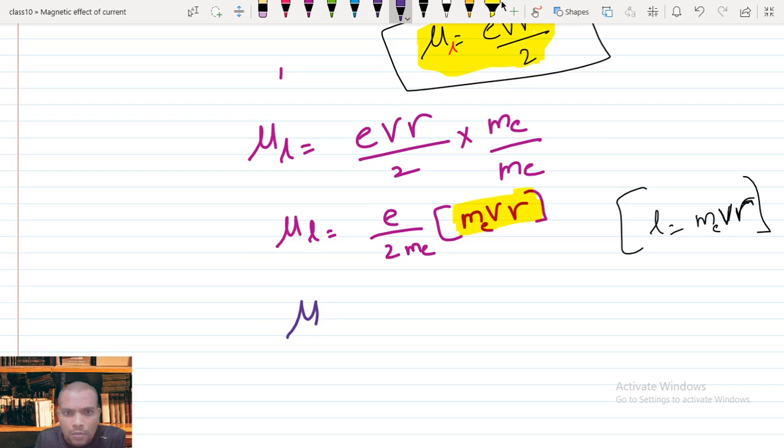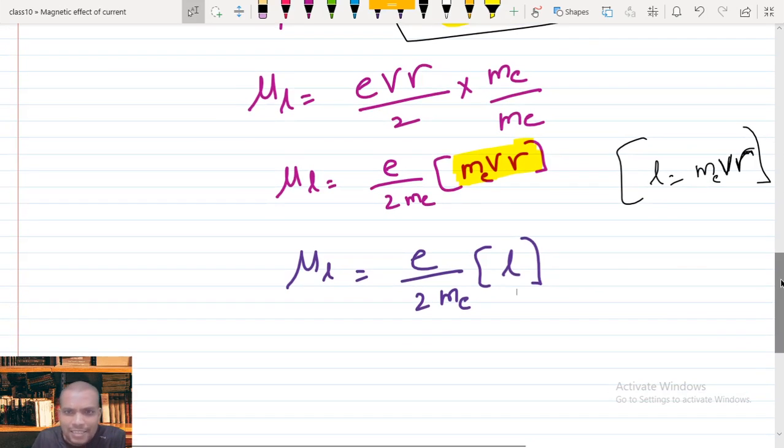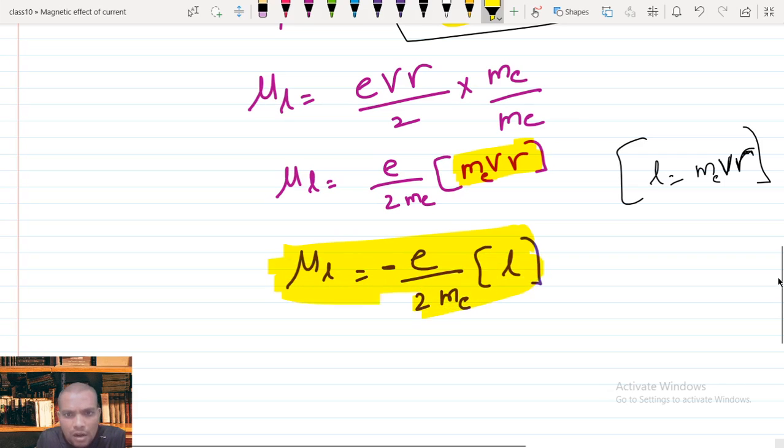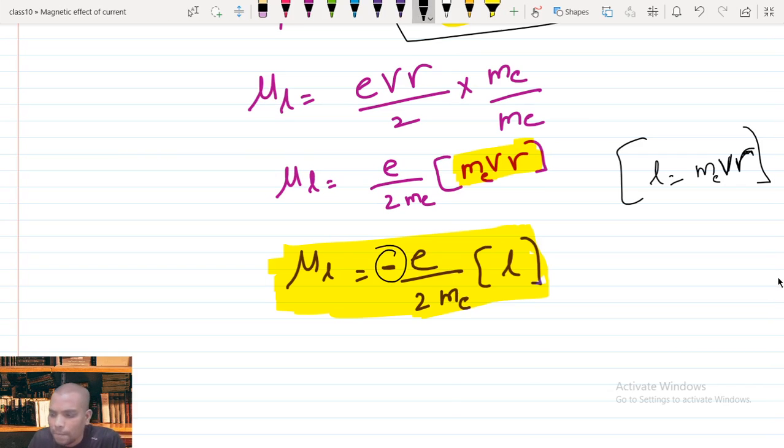Now the orbital magnetic moment mu suffix L equals e upon 2 suffix me times L. If I write the sign of an electron, it goes to a negative sign, and the magnetic moment is exactly opposite to the angular momentum. So the negative sign tells us that the angular momentum of the electron is opposite in direction to the magnetic moment.